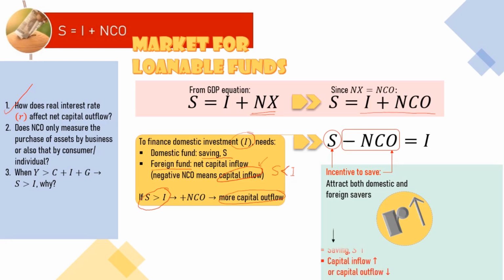So, higher interest rate will increase saving and capital inflow. More capital inflow means less net capital outflow. On the other hand, for investors, interest rate is the cost of borrowing. It is a disincentive to invest. So higher interest rate means higher cost of borrowing, reducing the level of investment.